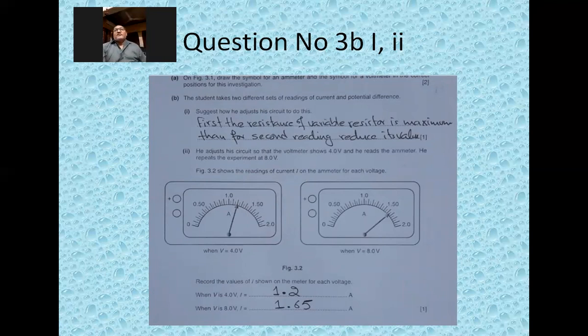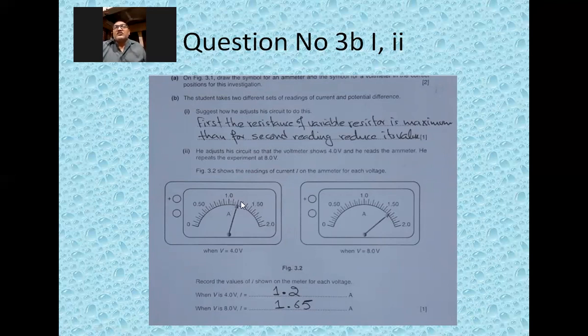The student takes 2 different sets of readings of current and potential difference, and we have shown how he adjusts the circuit to do this. So we are done with that. He adjusts the circuit so that the voltmeter shows 4 volt, and he reads the ammeter. He repeats the experiment at 8 volt. So what is the reading exactly right now? You can see here, this is 1, and here we have 1.5.